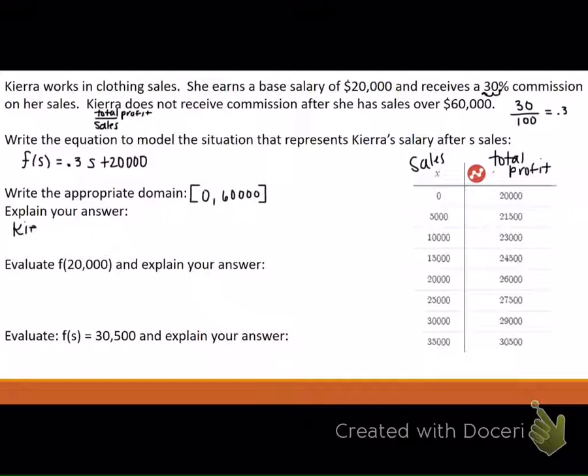So Kiera makes commission from $0 to $60,000 of sales.